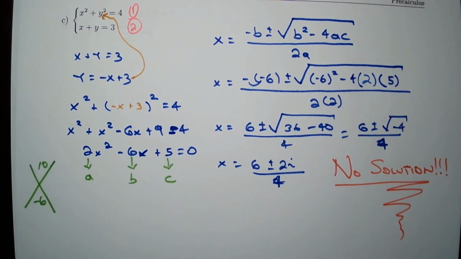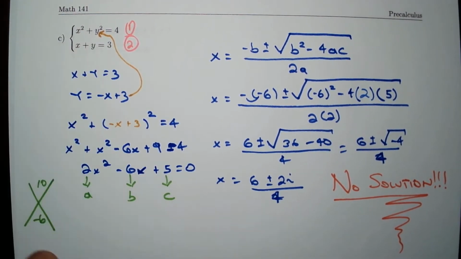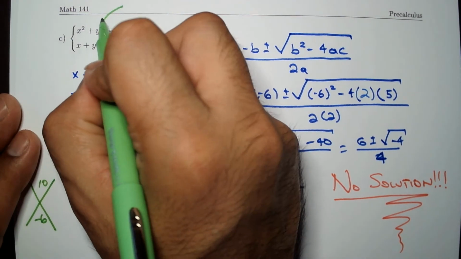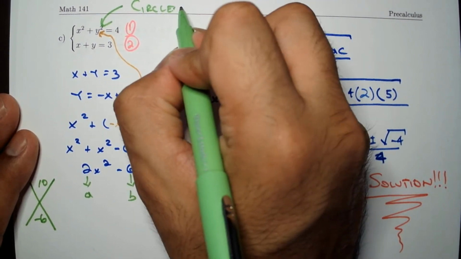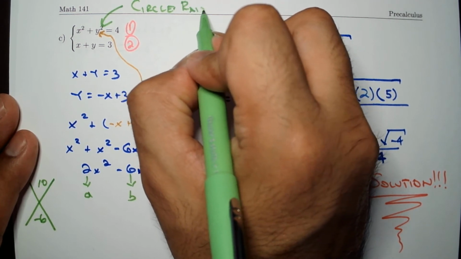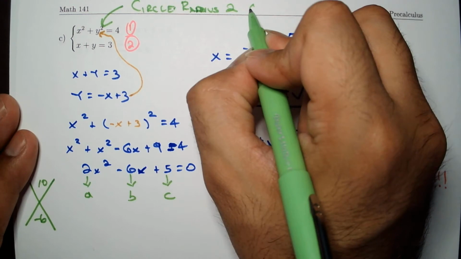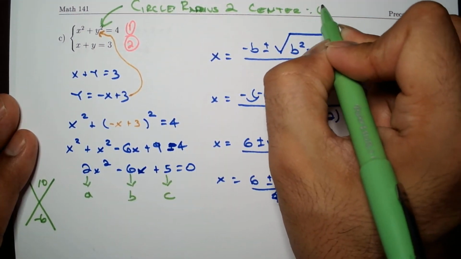essentially there's no intersection points between these two equations. If we look at the graph of both equations, number 1, let's define what they are. Isn't the one on the top a circle, radius 2, center at the origin?